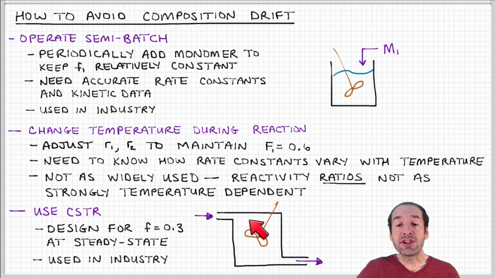And so you design it so that at steady state, the monomer composition in the reactor, monomer 1, is about 30%. So if you can do that, then you can maintain a constant product composition as well.